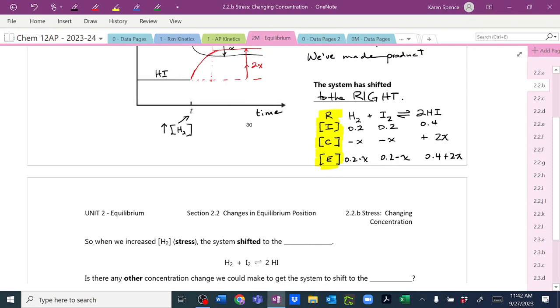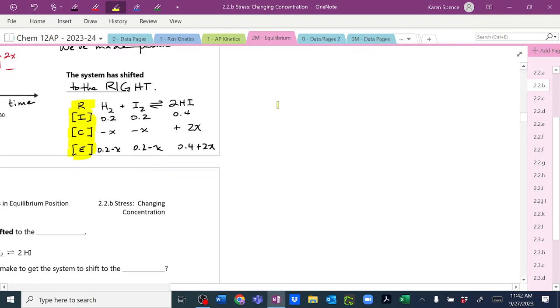I'm going to go way off script here. Your homework, you're going to get an acid-base book, and you're going to do 4.1a and 4.1b.